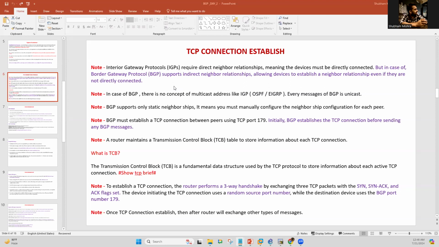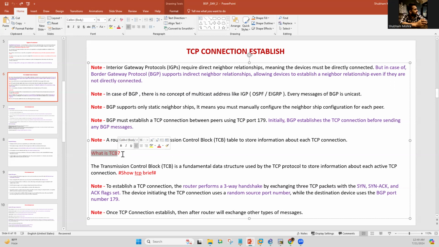So guys, in the previous class, I think we discussed the TCP connections between the peers. I told you how a router establishes a TCP connection, and what the three-way handshake is. We already discussed TCP, and how the router chooses the random port number.